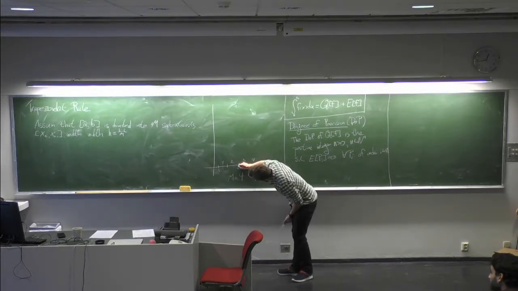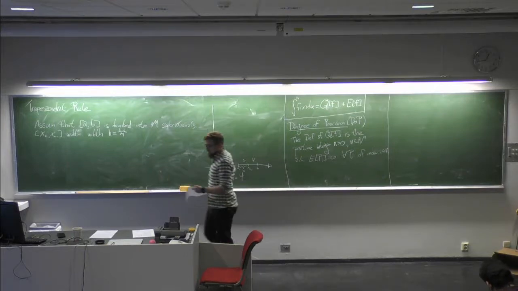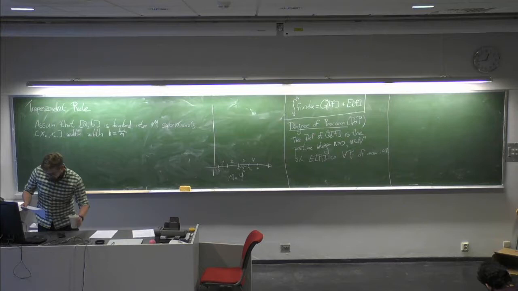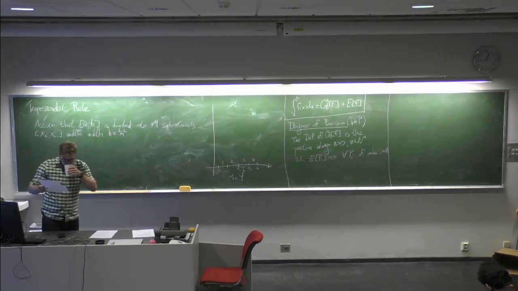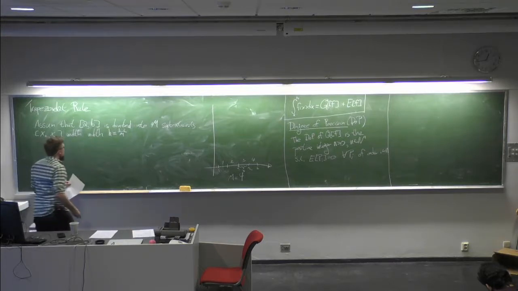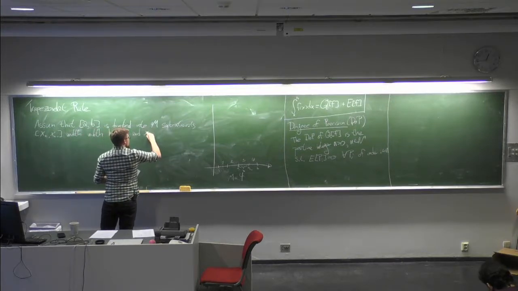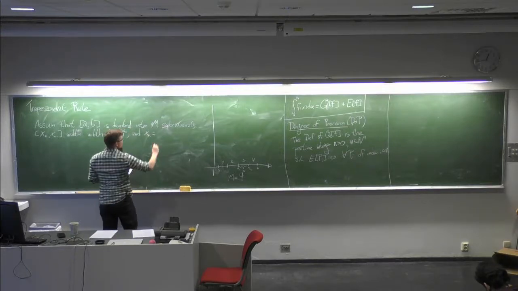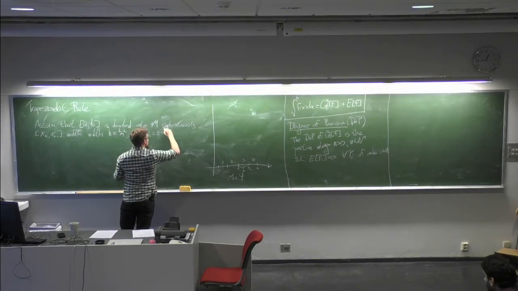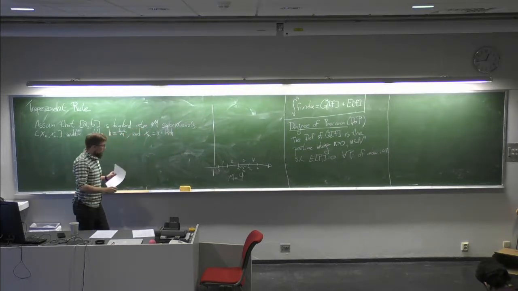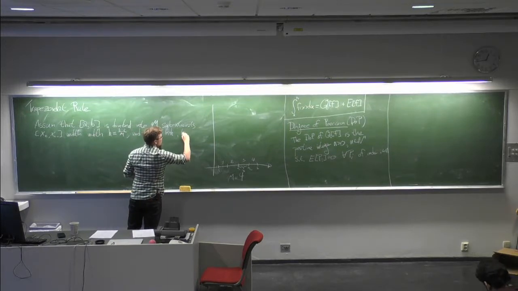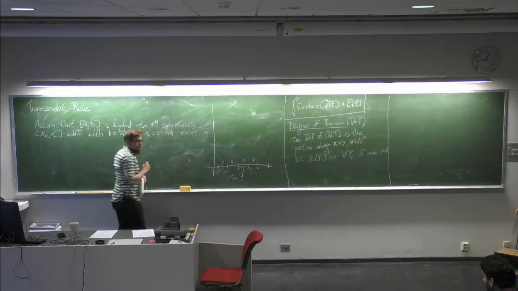And then we can also write xk will be a plus k times h, for k equal 0, 1, all the way to m.